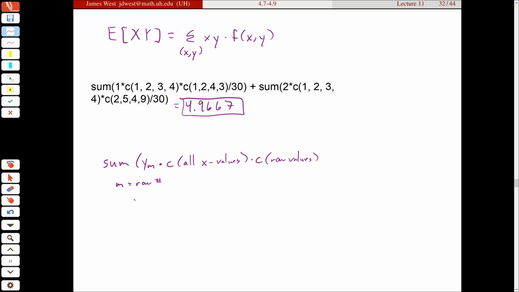And we add these for each row. And that's one way to do it in RStudio. RStudio does deal with matrices, but it's not going to do so well with this.